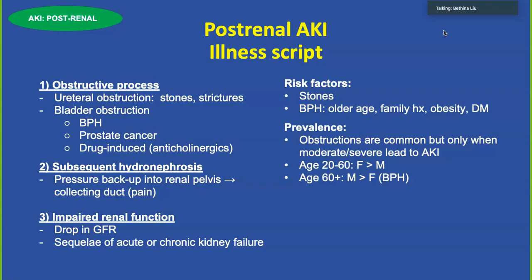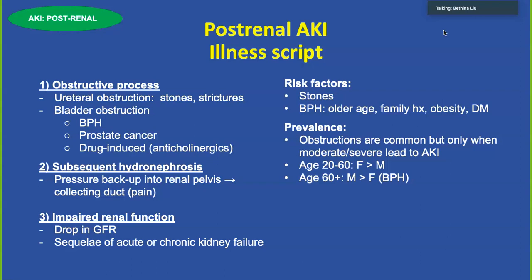This leads to a subsequent hydronephrosis, causing pressure backing up into the renal pelvis and leading to pressure backing up into the collecting duct, and this results in the pain that the patient may experience. And finally, this culminates in an impaired renal function as seen by a drop in the GFR, and this can be a sequelae of acute or chronic kidney failure.